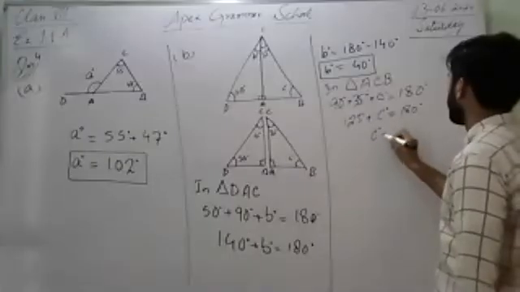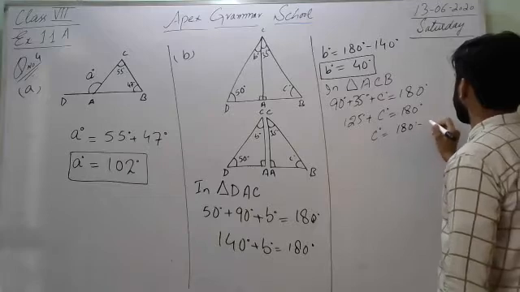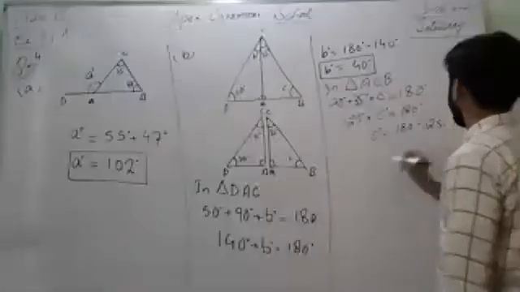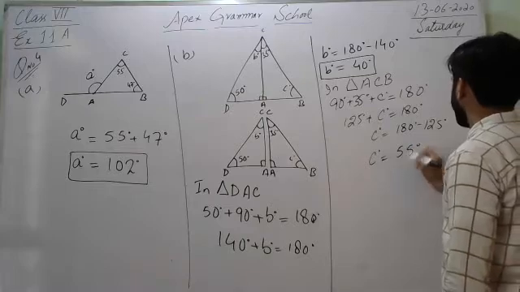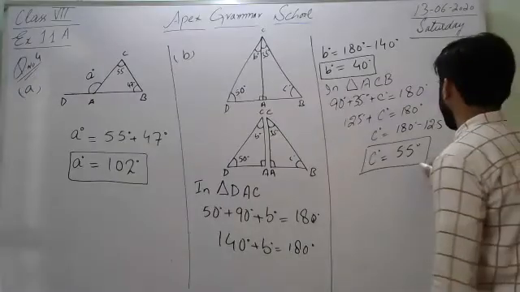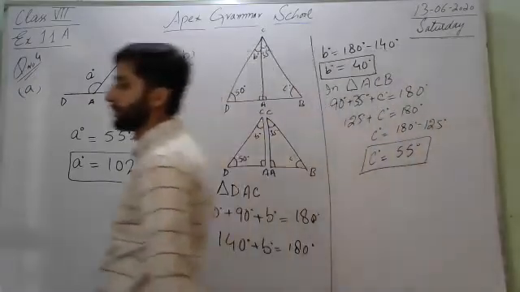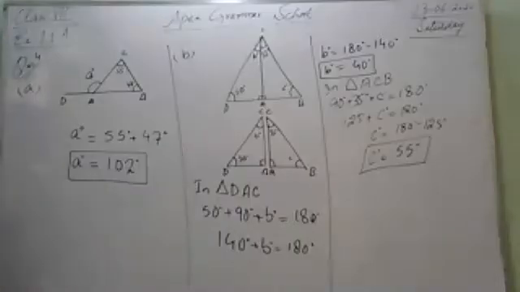C degree equals 180 degree minus 125 degree. C degree equals 55 degree. This is B part of question number 4, exercise 11A.